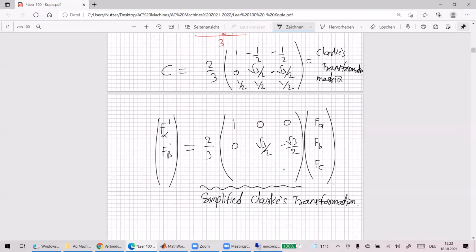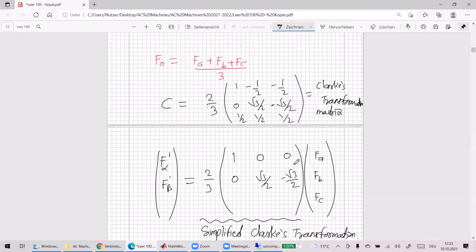So I would say do not use it. That's the main purpose of telling you why we are doing this simplification also, because in many places we see students using this because they feel really good that they don't have to do these calculations, and they say, okay, now FA is equal to F alpha, one problem is solved, and then we just have F beta, we have to just do something for that. But don't use it. I would say use this one, because if you have a zero sequence component, you will see trouble, which we will also see in the later part of this exercise.